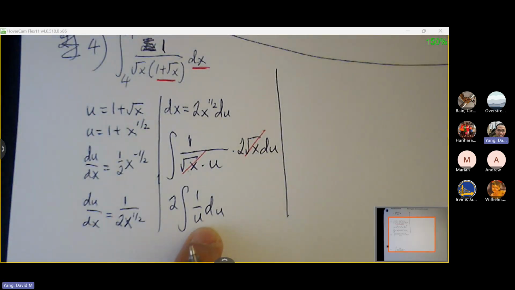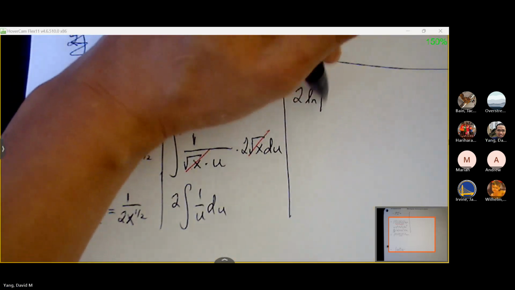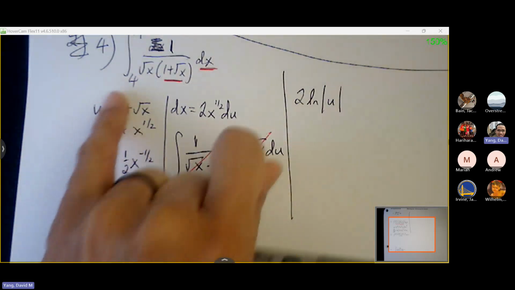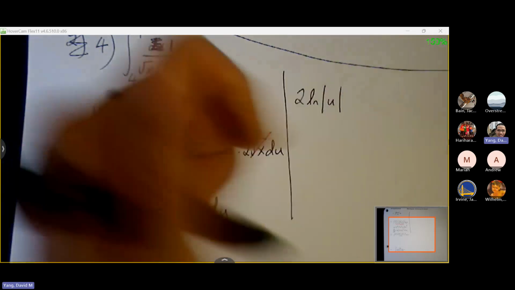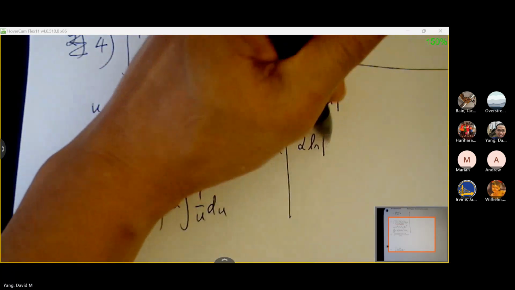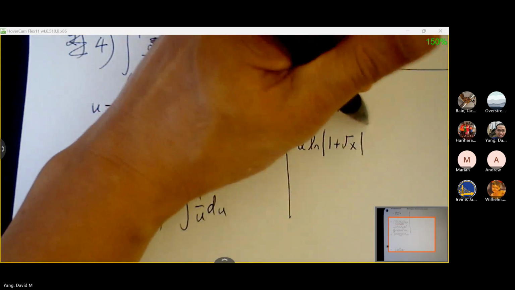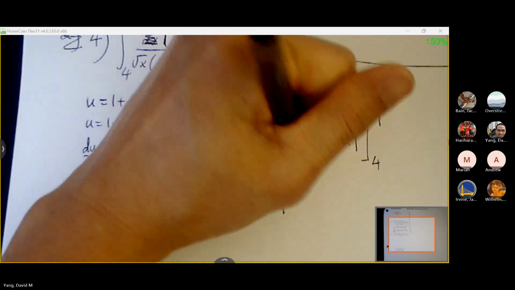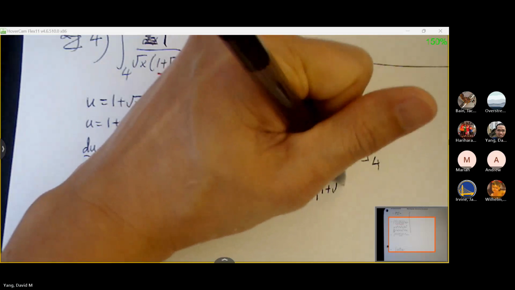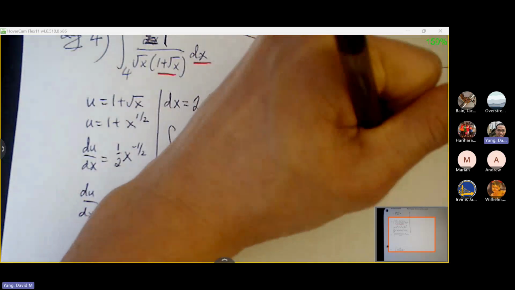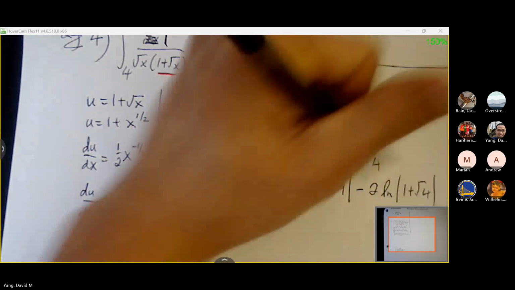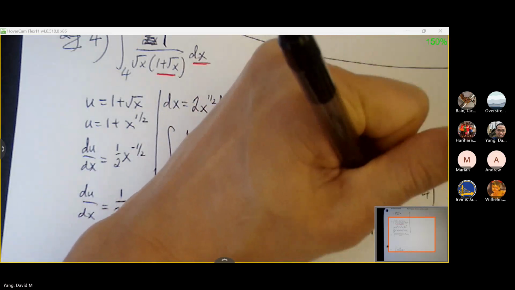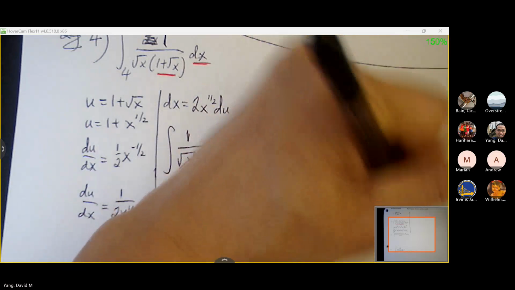One over u to the first power, that's natural log. Instead of plus c, we're working towards our bounds. So let's bring our x's back. Now upper bound first. Then a lower bound. This is fine.